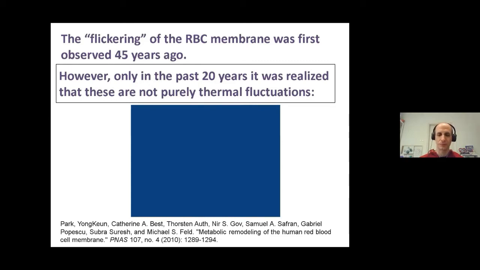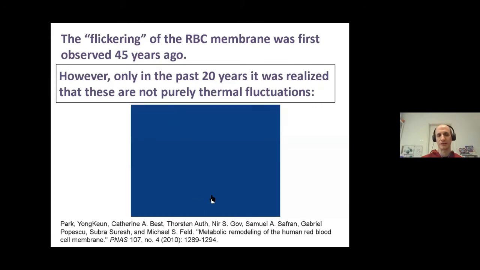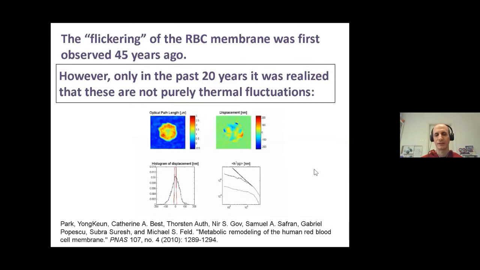One of the hallmarks of that is in this movie that comes from the paper listed below. You see, optically looking at a single cell and measuring the displacement field over the surface of the cell membrane, you can see it quantified. When the red blood cell is depleted of its energy store, which is in the form of the molecule ATP, you will see that the fluctuations become much smaller.